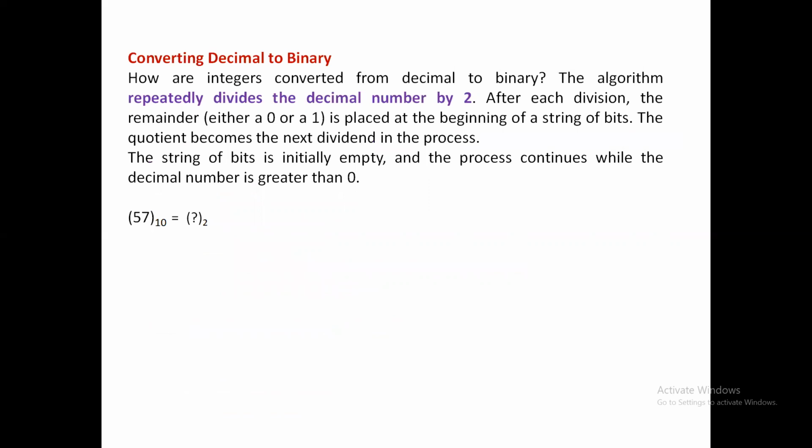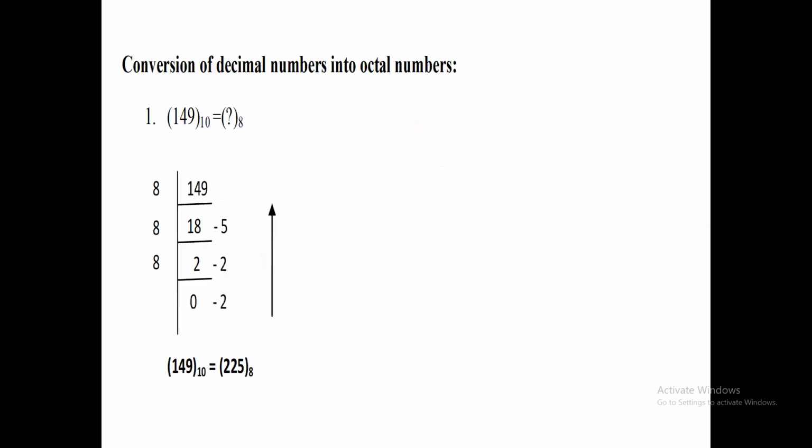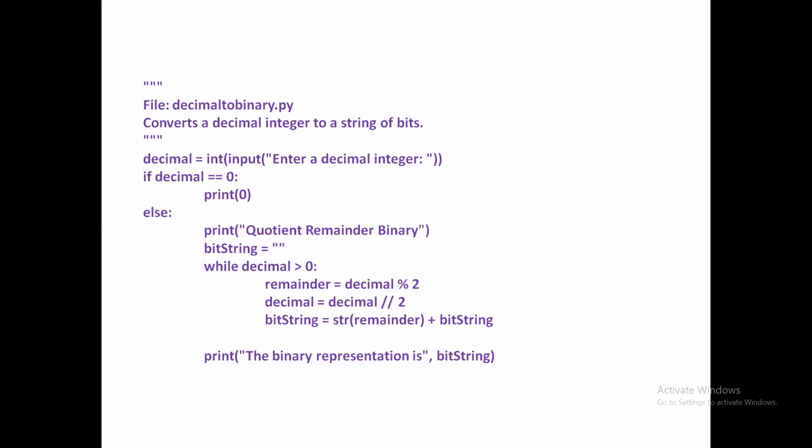Then we discussed about how to convert decimal numbers into binary numbers. Okay, I have shown this also with the help of examples. Then we discussed about the algorithm for converting a given decimal number into a binary number. Okay. Also, we have demonstrated this by executing it through the IDLE. So up to this part, we have discussed in our previous class.